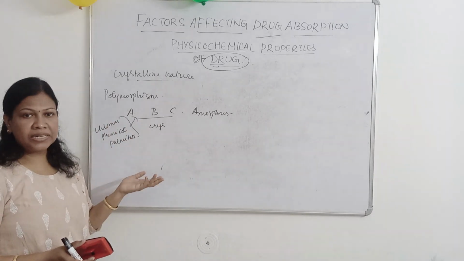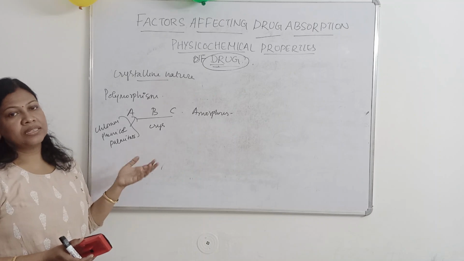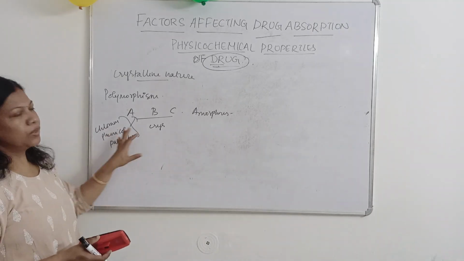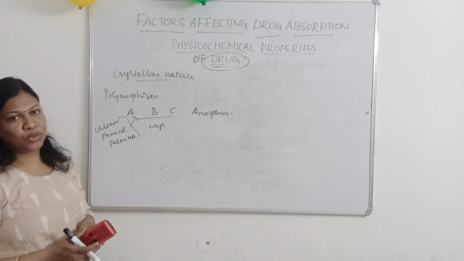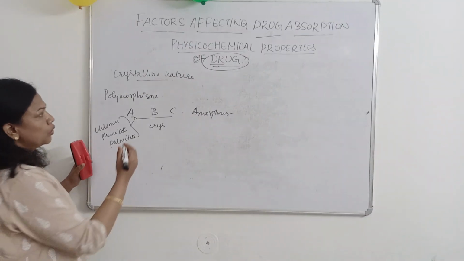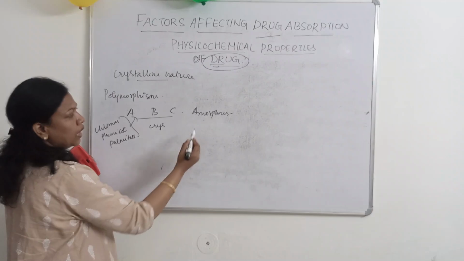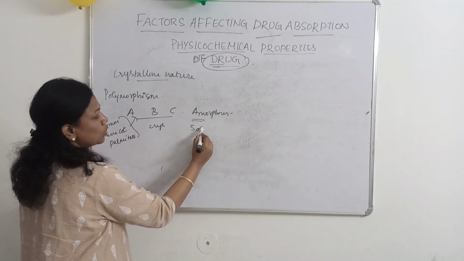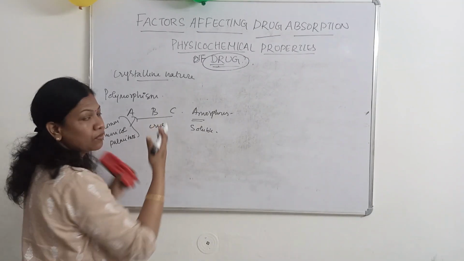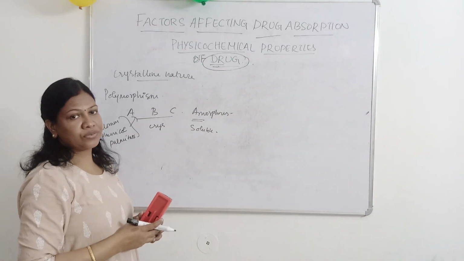Then their solubility, stability and therapeutic activity will be different in all the polymorphic forms. When you consider crystalline versus amorphous, the amorphous form is the more soluble form. This is why we have to study the crystalline nature of the drug.